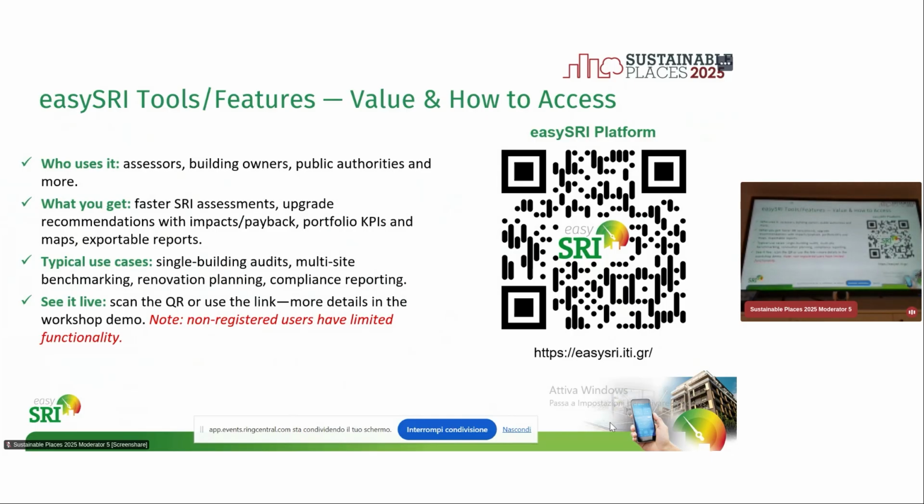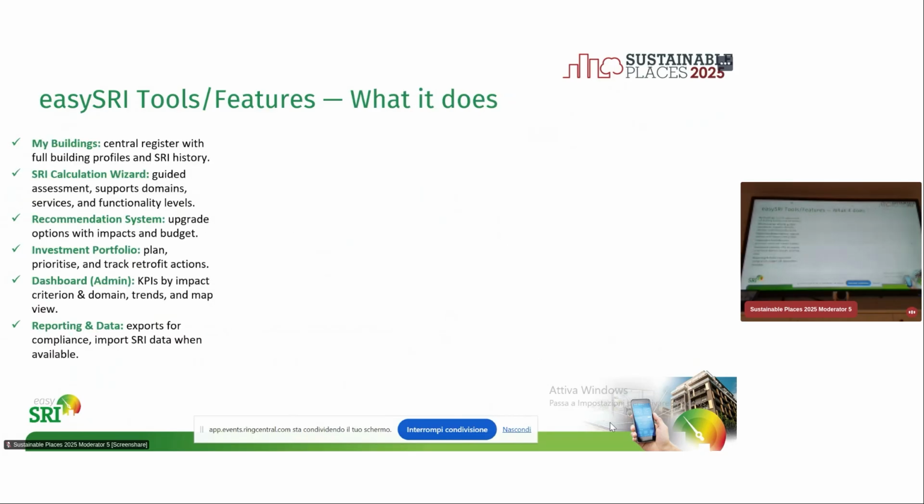So here we have a tool for assessors and building owners that are able to perform the SRI assessment in a faster way, as you will see later on. Typical use cases are single building audits or multi-site benchmarking. And as said, you can scan the QR code.